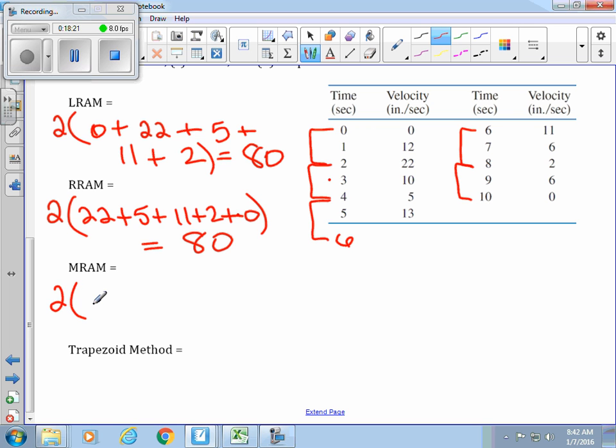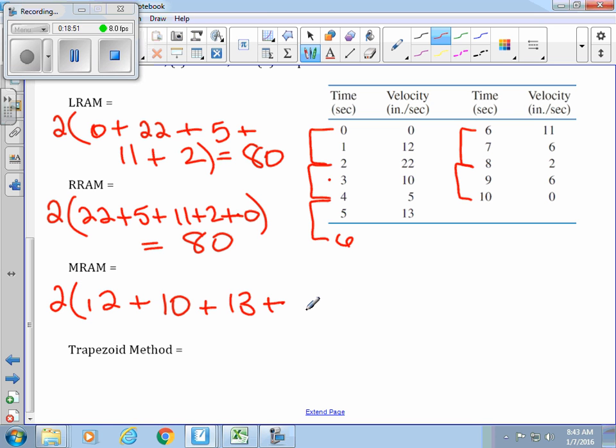The width of the rectangles is still 2, but now I'm going to choose the 12, 10, 13. Does everyone see that? Because those would be the middle heights of the rectangles. Does that make sense? So I am guessing this AP problem that I modified years ago was probably originally an MRAM.